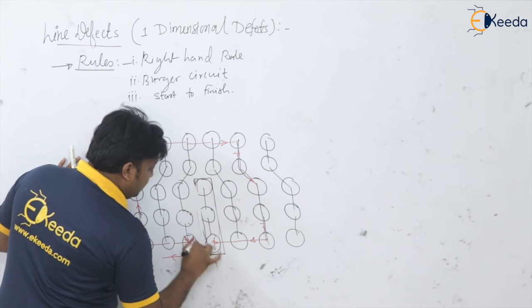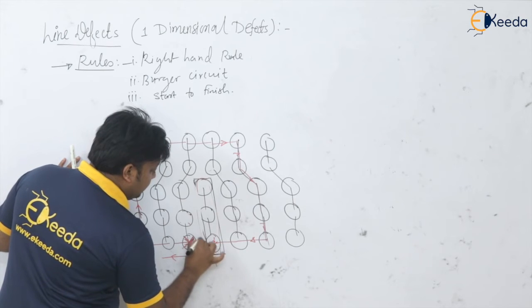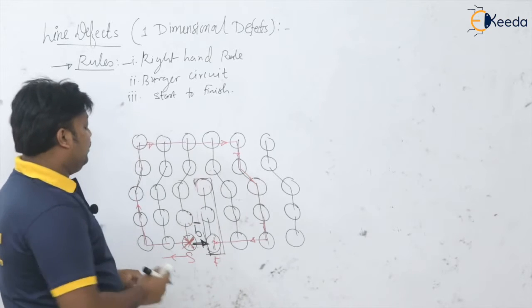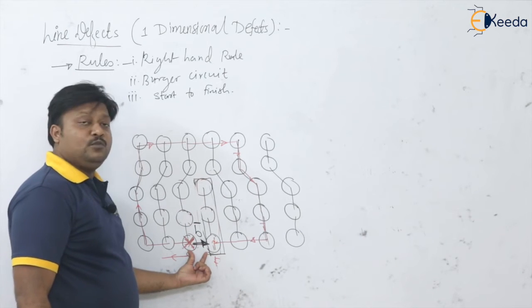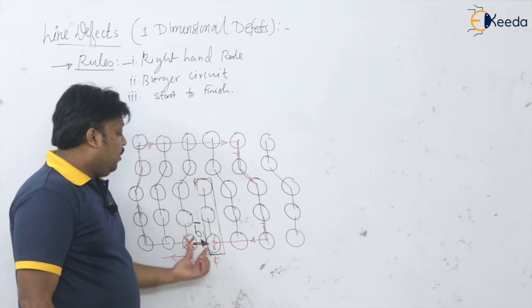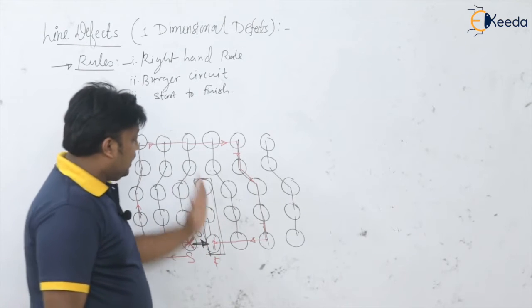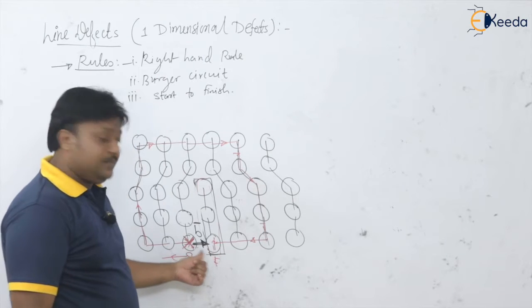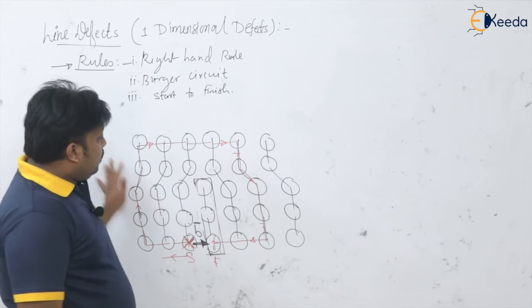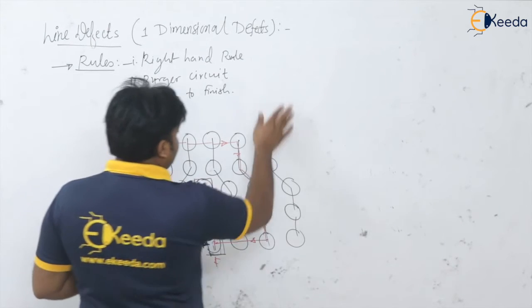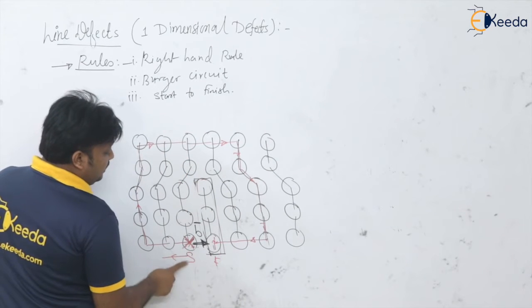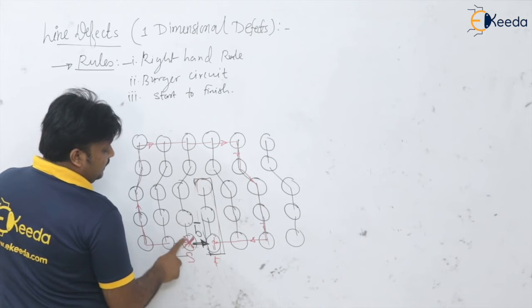This is my Burgers vector, which will give me the magnitude by which this extra half plane is going to move out, and the direction of it. So in the Burgers circuit, we have not considered that.